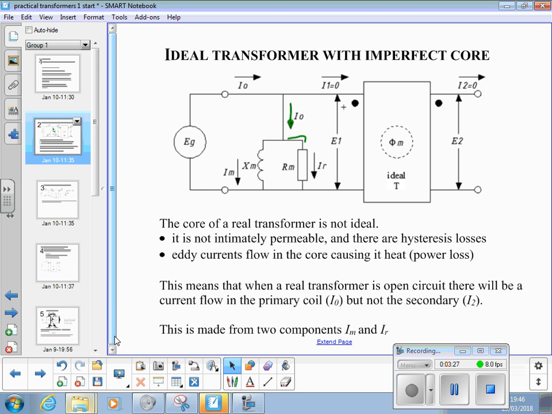So the resistor represents the eddy current losses, and the inductor represents the magnetising current. It's got to magnetise that inductance regardless of whether you're drawing any current in the secondary.